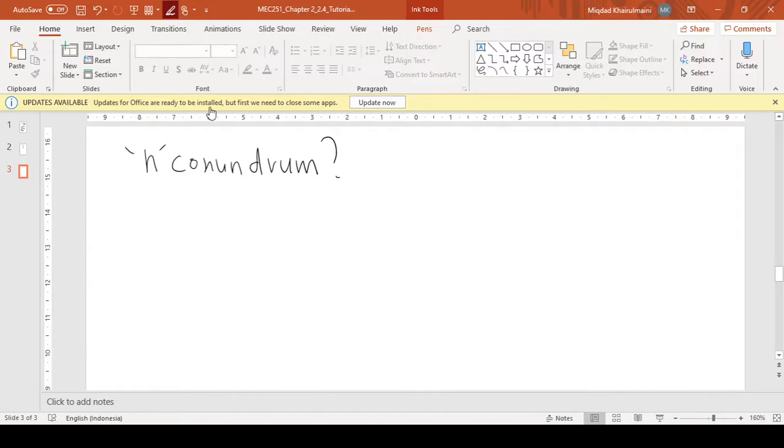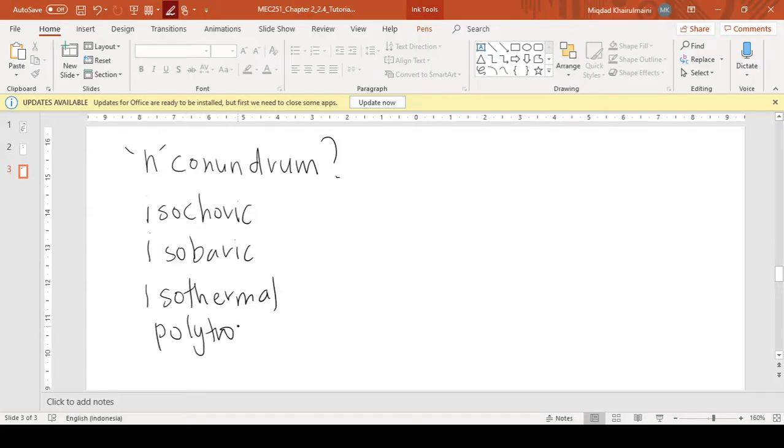We have the isochoric, the isobaric, isothermal, polytropic, and also the adiabatic process.